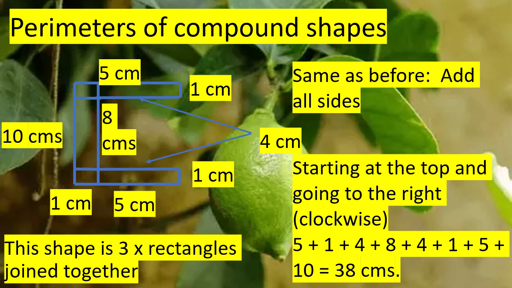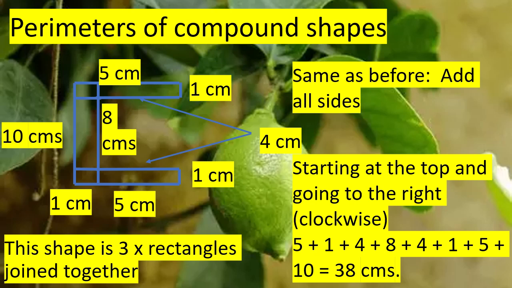Now these next ones, the inside ones, are not as long as the 5 on the outside. They're 1 centimeter shorter, so they're 4 centimeters. So we have 5 plus 1 plus 4. Then the long inside one: the outside one is 10 centimeters, but it's shorter by 1 centimeter at each end, so this is only 8.